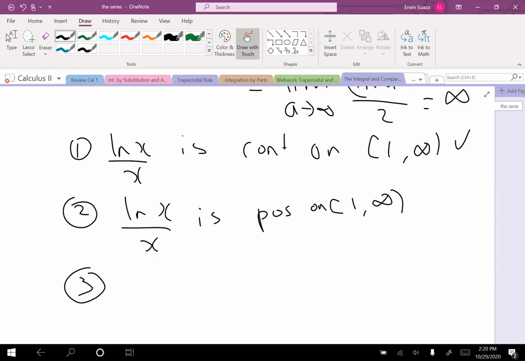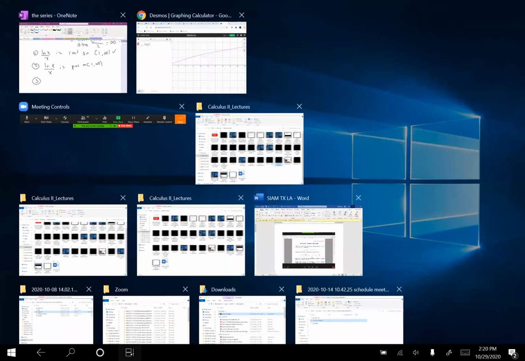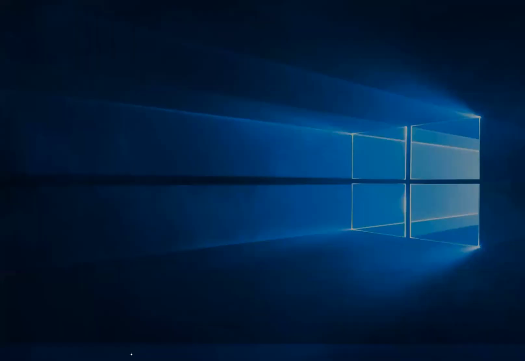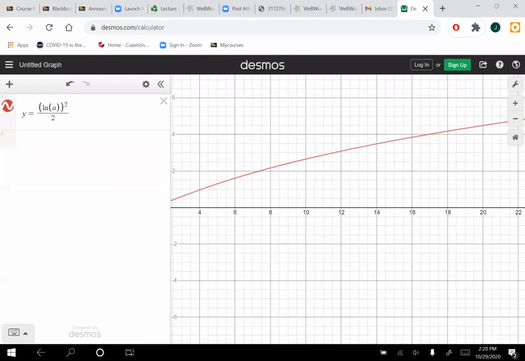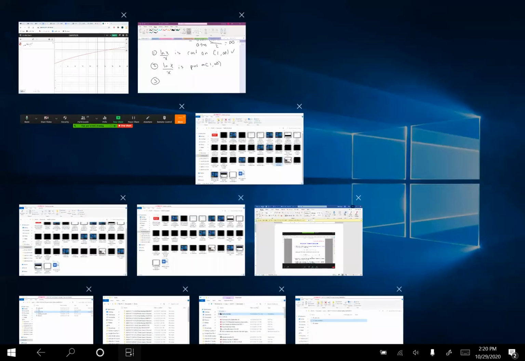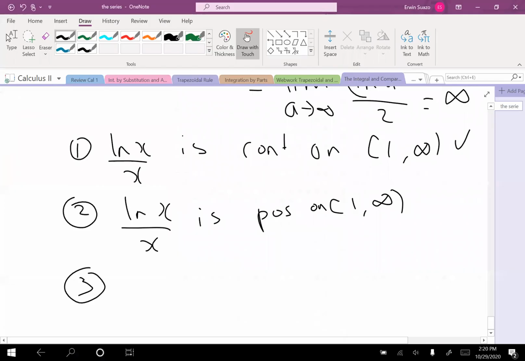And number 3, that one didn't look totally increasing. Did I erase it? No. It was something like this, right? When I graphed it, it was going up like that, and then started decreasing. It started decreasing after 2, right?